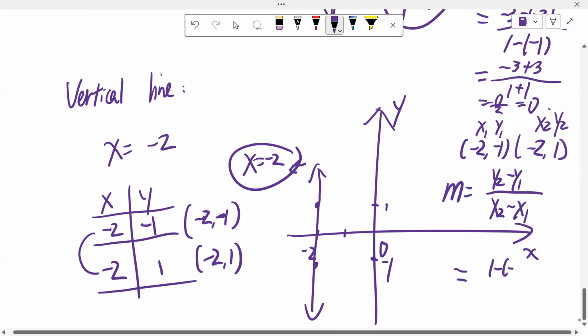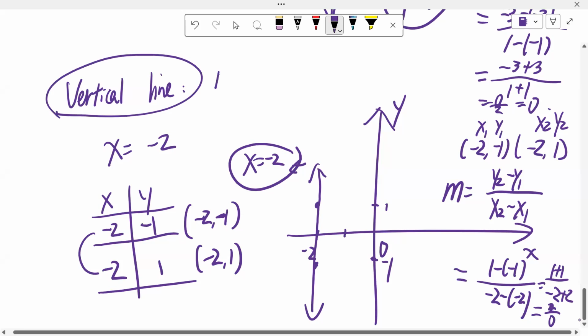So y2 is 1 minus -1, and x2 is -2 minus -2. So 1 minus -1 is 1 plus 1, which is 2, and -2 minus -2 is -2 plus 2, which is 0. So we get 2 over 0. Any number over 0 is undefined, right? So that's why for all vertical lines, slope is undefined.